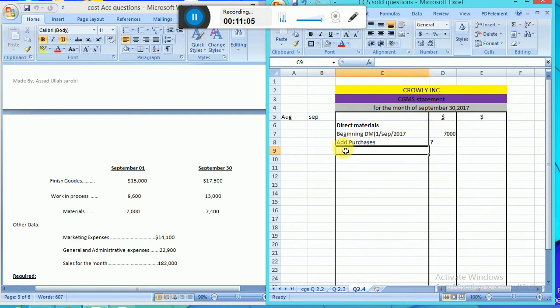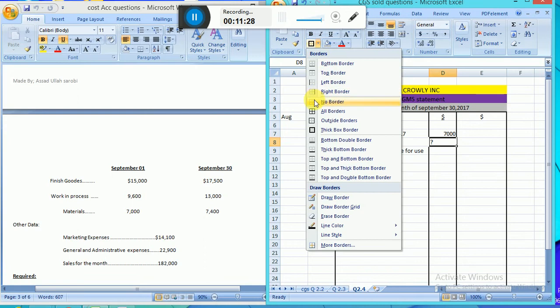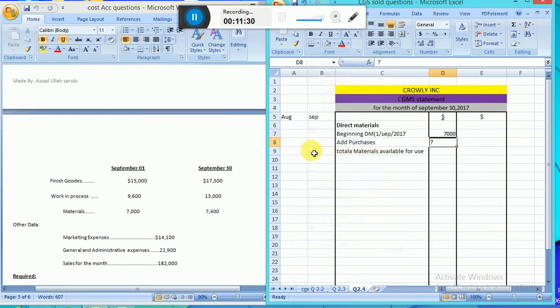Okay, so now how much total material available for use? Look at the 7,000 material we have from the previous months, and we made some purchases in the current month, but that is unknown.